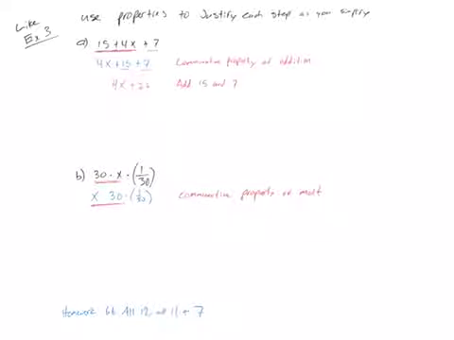Okay, now that I have commuted those, I'm going to multiply these two. So I'm going to end up with x times, well, it's 30 over 30, which is just 1. So I'm just going to say multiply 30 and 1 over 30. And then what is x times 1? Well, that's just x, and that's because of the identity property of multiplication.